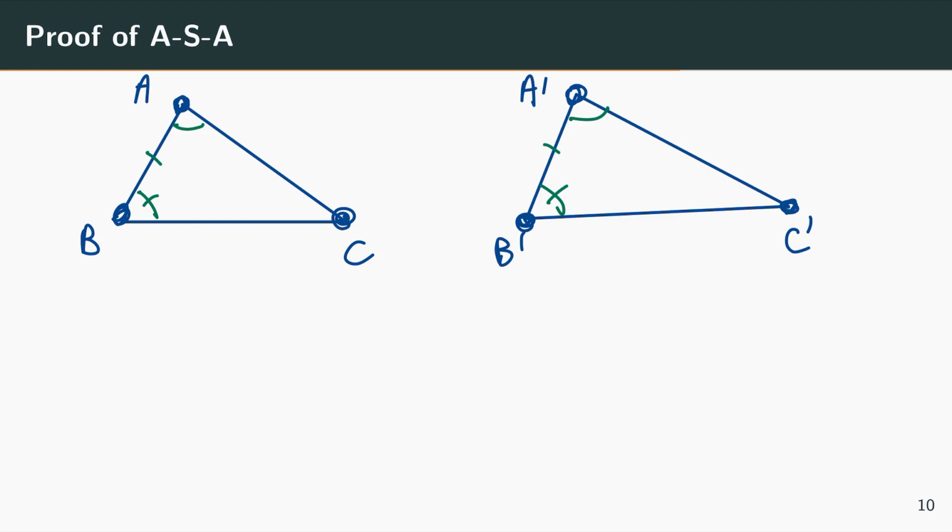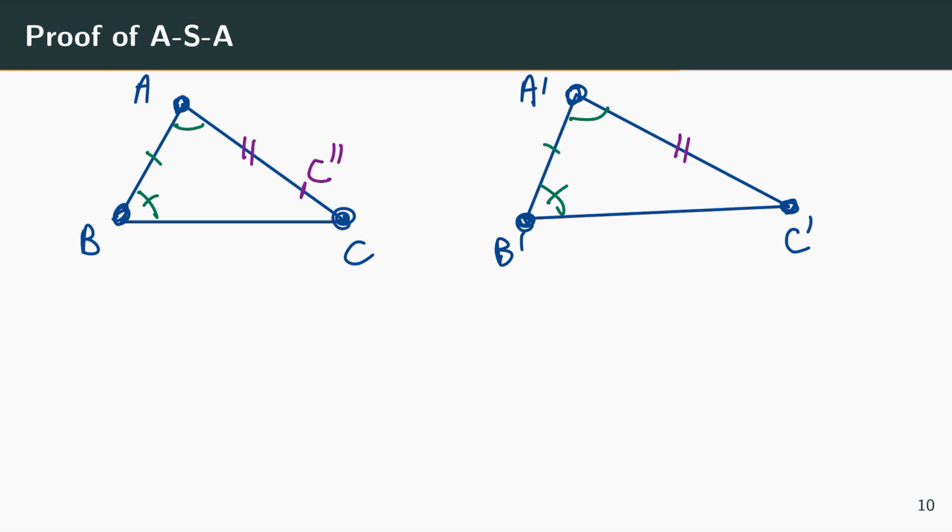Okay, we're going to take our original triangle and we're going to put a new point on it. We're going to put a point here. Let me call this point maybe C prime. Sorry, C double prime. We have a C prime already. And I'm going to make it so that the distance from A prime to C prime is the same as the distance from A to C double prime.